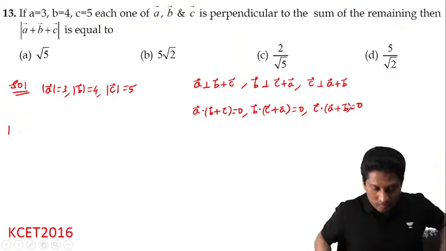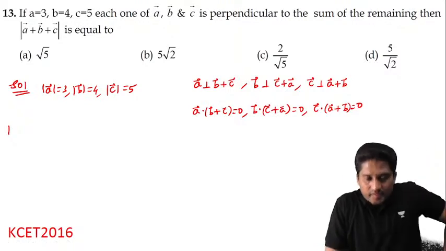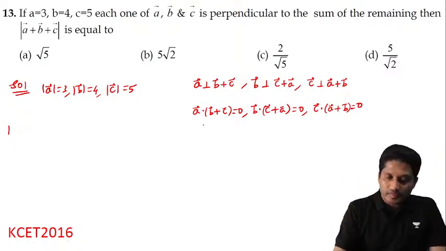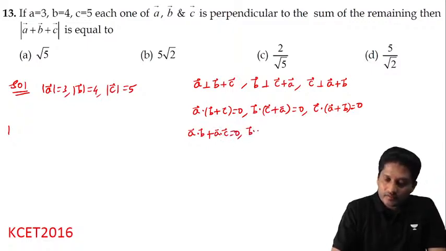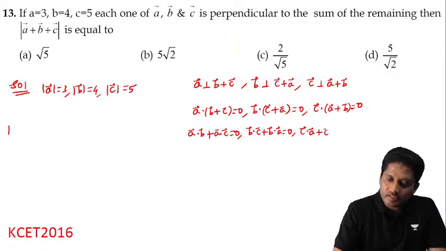Now, if I use the distributive property, A dot (B plus C) is 0 means A dot B plus A dot C is 0. Similarly, B dot C plus B dot A is 0. Then C dot A plus C dot B is 0.